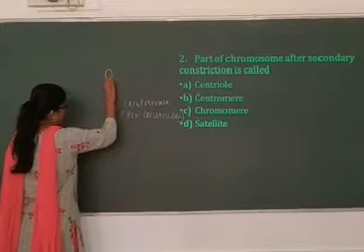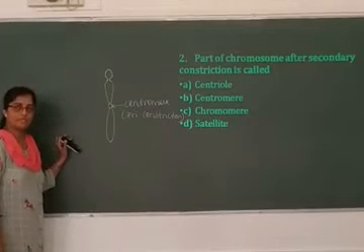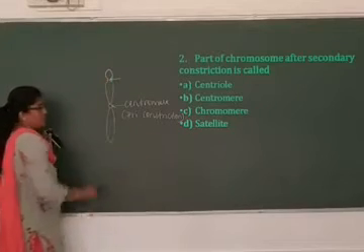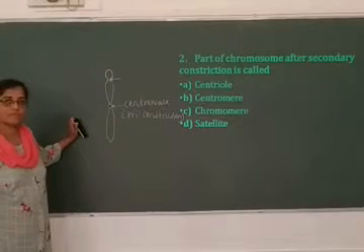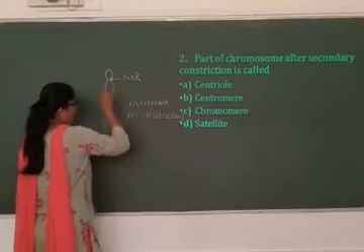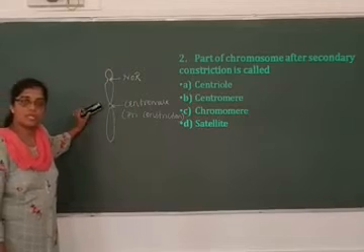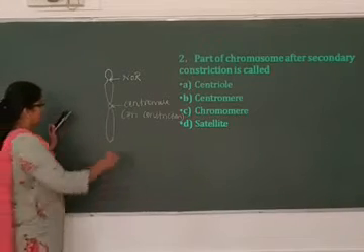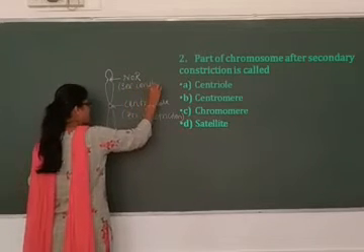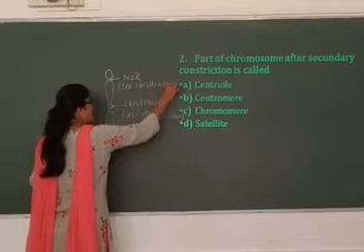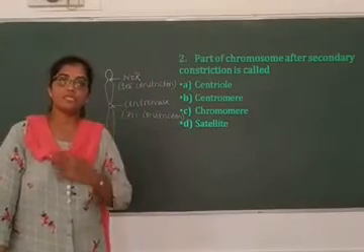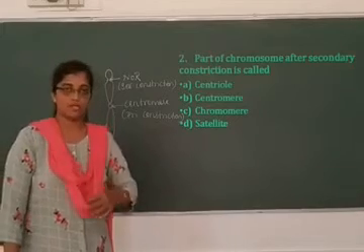This secondary constriction is called NOR, or nucleolus organizer region, or it is called secondary constriction. Why is it called NOR, or nucleolus organizer region? Because this is the region where the nucleolus is attached or where the nucleolus gets organized.